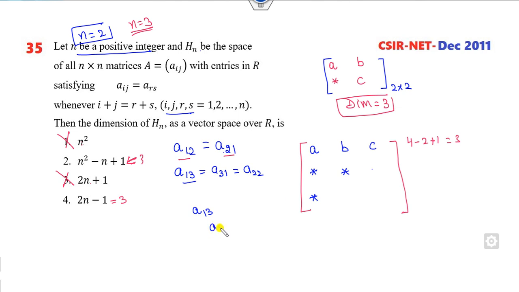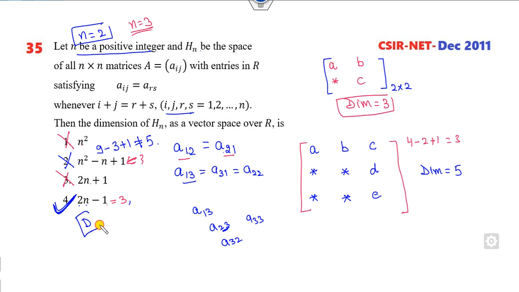This element will be A23, the fifth element, the same as A32. A33 is 6, that's 7. So how many elements are there? The dimension will be 5. If I take n as 3, then 9 minus 3 plus 1 is not equal to 5, so this option is cancelled. 2n minus 1, that is 6 minus 1, is 5. So this is the right answer of this problem.